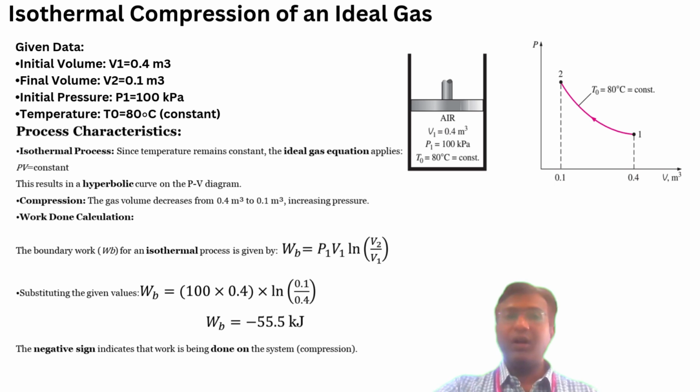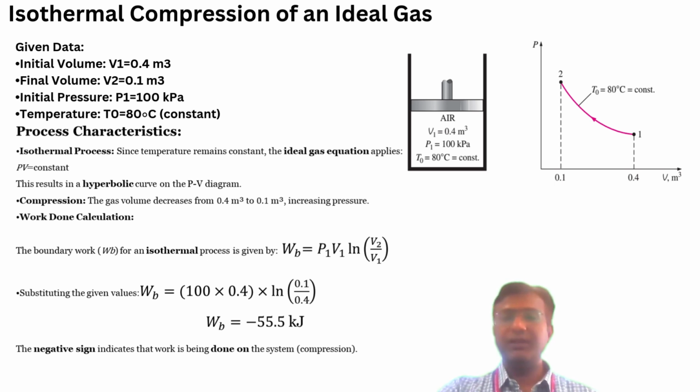Now if we want to find the work done on the system, take an example in which the initial volume is 0.4 meter cube and the final volume is 0.1 meter cube. The initial pressure P1 is 100 kilopascal, and the temperature, which remains constant, is 80 degrees centigrade.